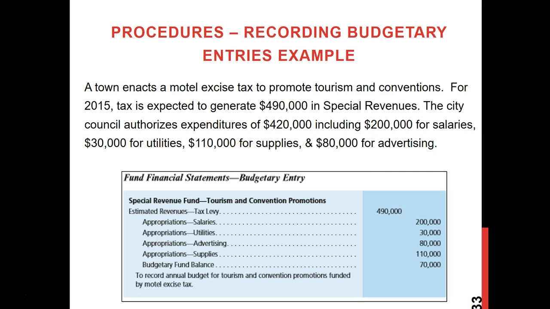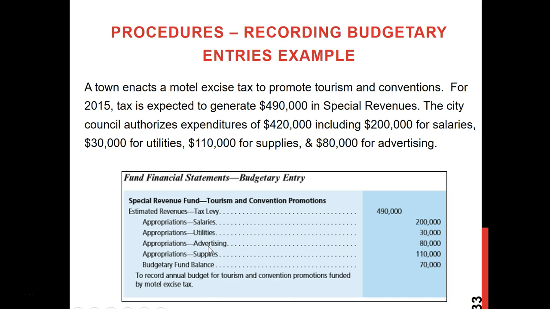So when they record it, they will prepare this budgetary entry. Remember, this is for the fund financial statement. Here they will record estimated revenues, which is their tax levy, as a debit, and then they will show credits for all of their appropriations.